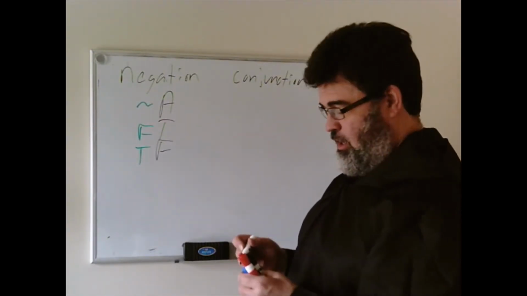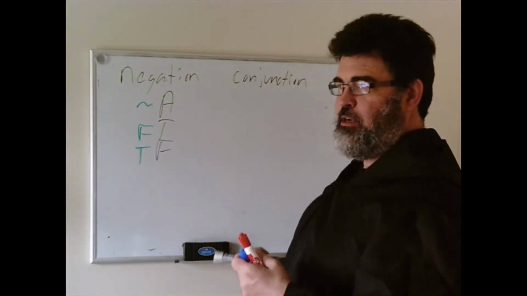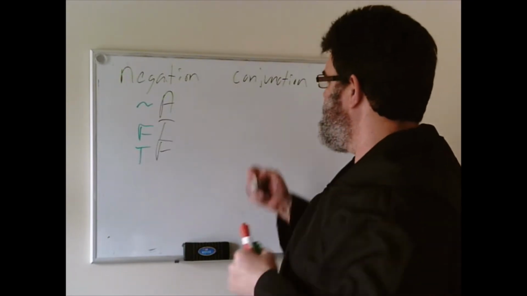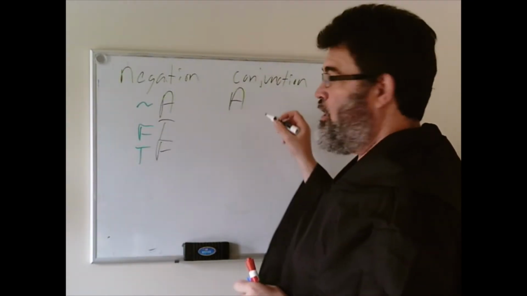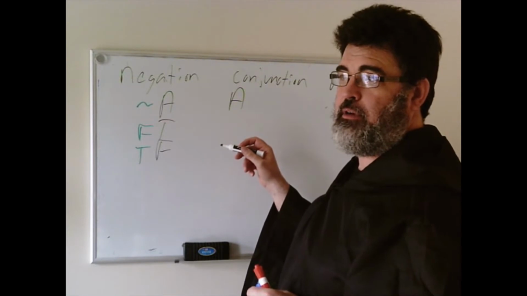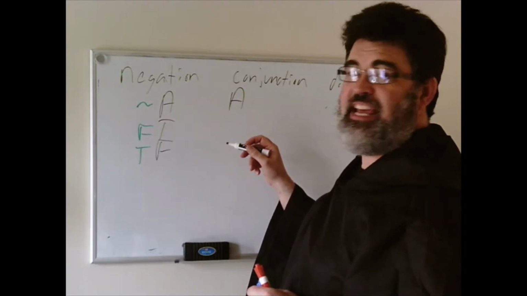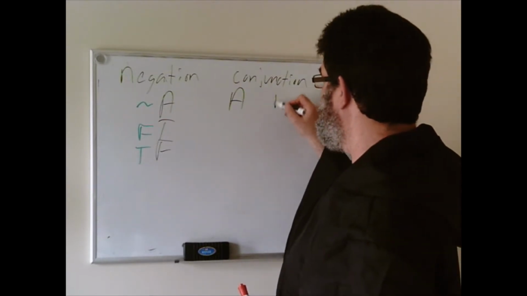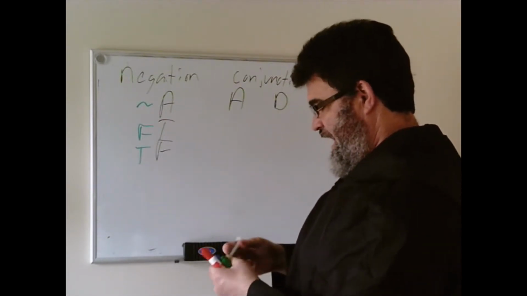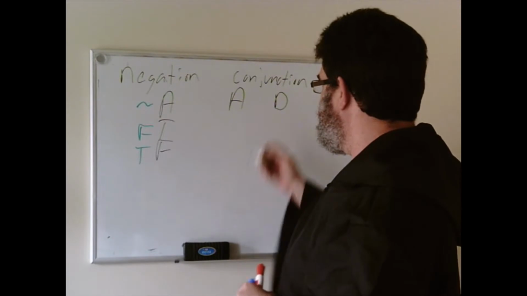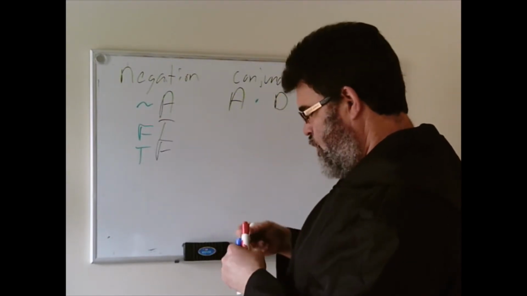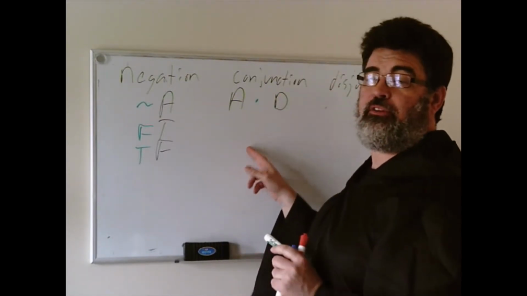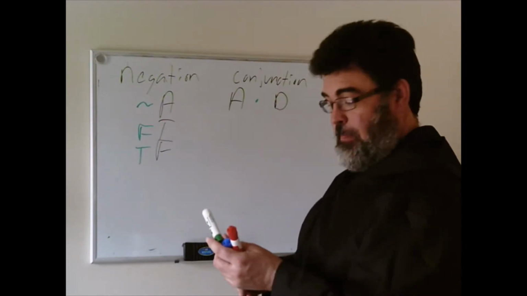Simple enough? Of course. But what if there were 2 letters? Let's say we have an A, and we also have D. Ha-ha, you thought I was going to say B, but I tricked you. If I have A and D, well, A can be true or false, and D can be true or false.